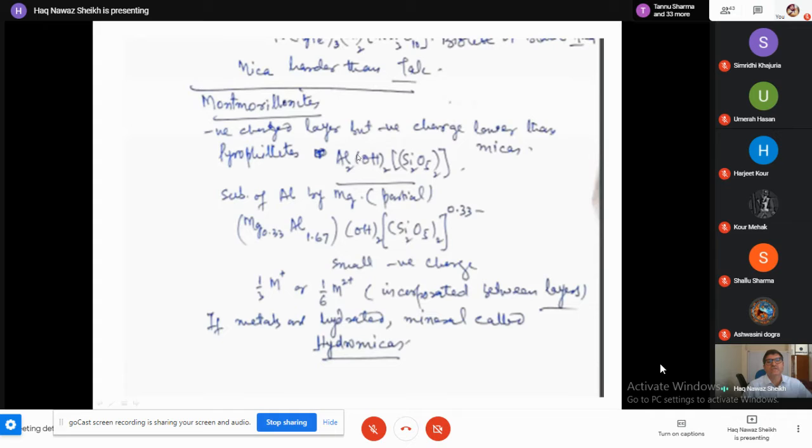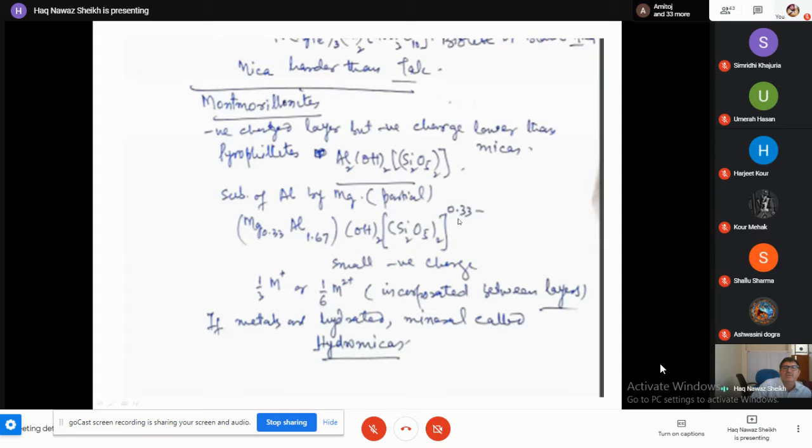Now the substitution takes place outside, in the hydroxide layer. Substitution of aluminum by magnesium, partial substitution. So you get, say, 0.33 magnesium and 1.667 aluminum, and then hydroxide. This becomes 2, 1.67 plus this becomes 2, so the 2 will not be there, hydroxide.